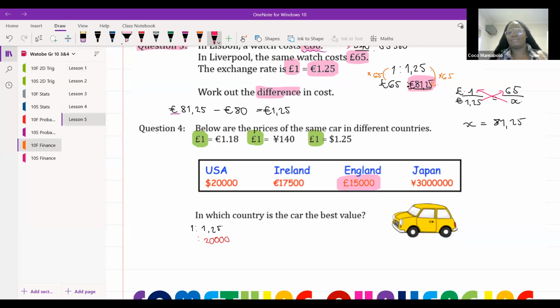It's going to be 16,000 pounds. Correct. Good. How did we get there, Mawande? We divided. Yes, so 20,000 divided by 1.25 gave you 16,000 pounds. Correct.